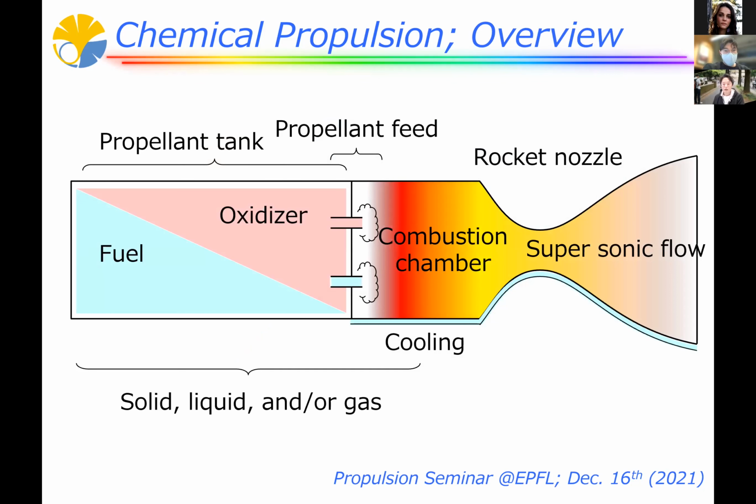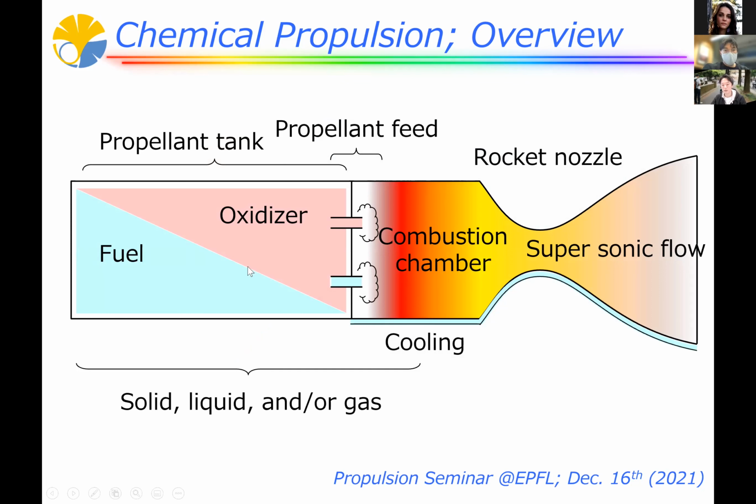Here is an overview or concept of a chemical propulsion system. For a chemical reaction, usually we need two types of materials, oxidizer and fuel. Some chemical propulsion systems need only one type of material, only fuel, but typically it is oxidizer and fuel.